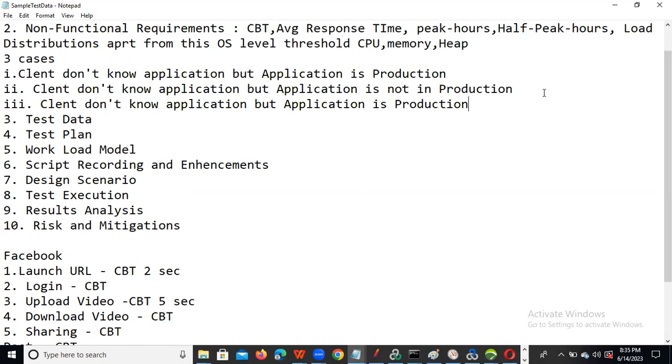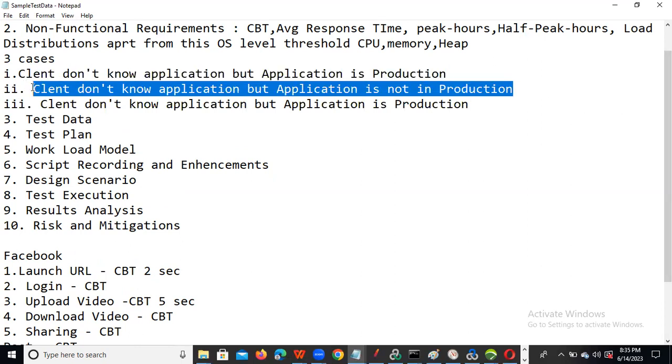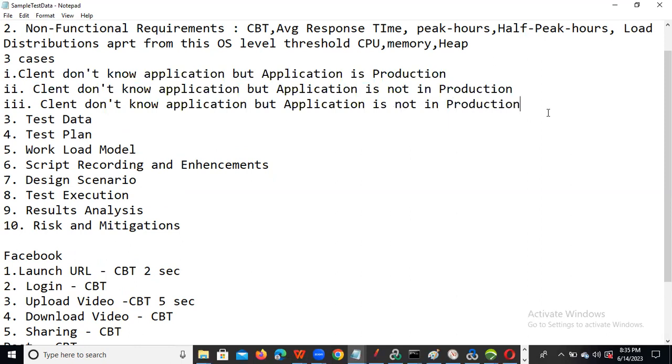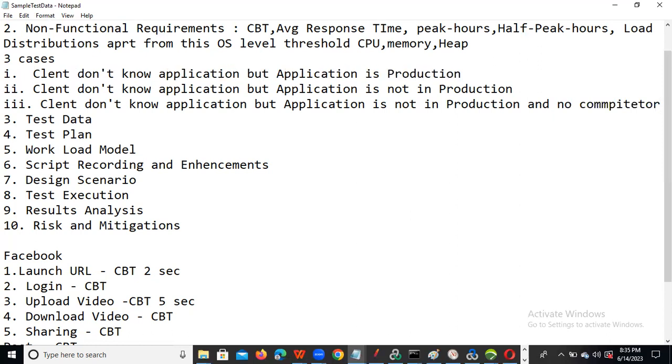And the third point: the client doesn't know anything about the application, it is not in production, and there is no competitor also. So these three points are very important.